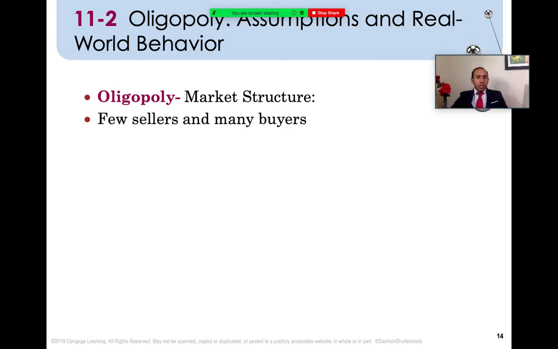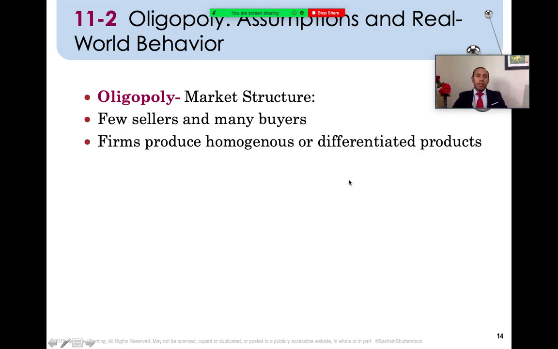It has few sellers and many buyers. Actually, every industry has many buyers because consumers are great in number, millions of consumers. But in oligopoly, we have few sellers, limited sellers. The sellers are very specific and they could influence and control the market. The firms produce products that are highly differentiated.